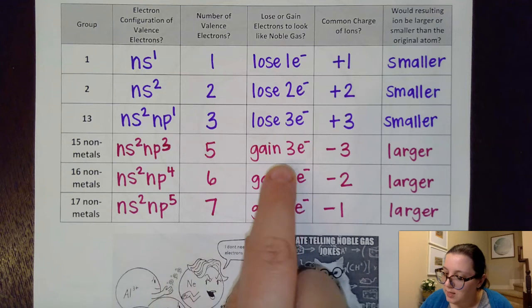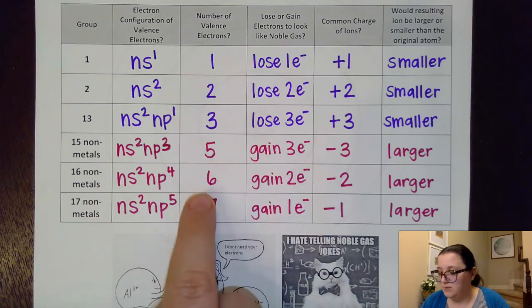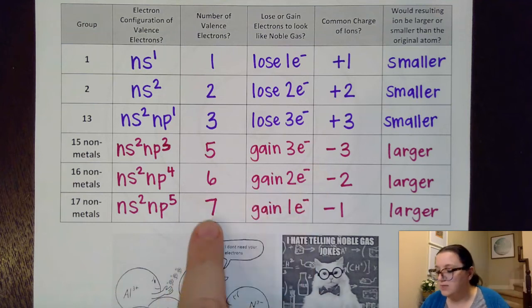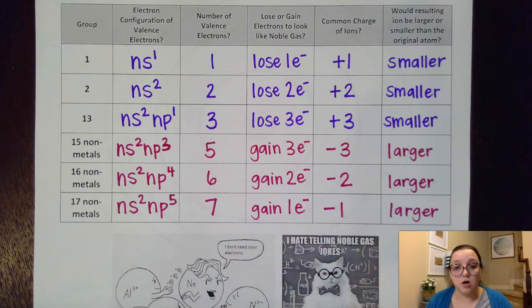You notice here, if you only had 5 valence electrons, then it's convenient to gain 3. If you have 6, it's convenient to gain 2. If it's 7, it's convenient to gain 1 in order to look like the nearest noble gas. When it does so, you notice our ionic charge becomes negative. Just like we've talked about previously, when I gain those negatives, now I have more negative electrons than I do positive protons, and so the charge should become negative. All of those do end up larger because, again, I'm adding those repulsions in, and that's going to cause my electron cloud to grow in size.